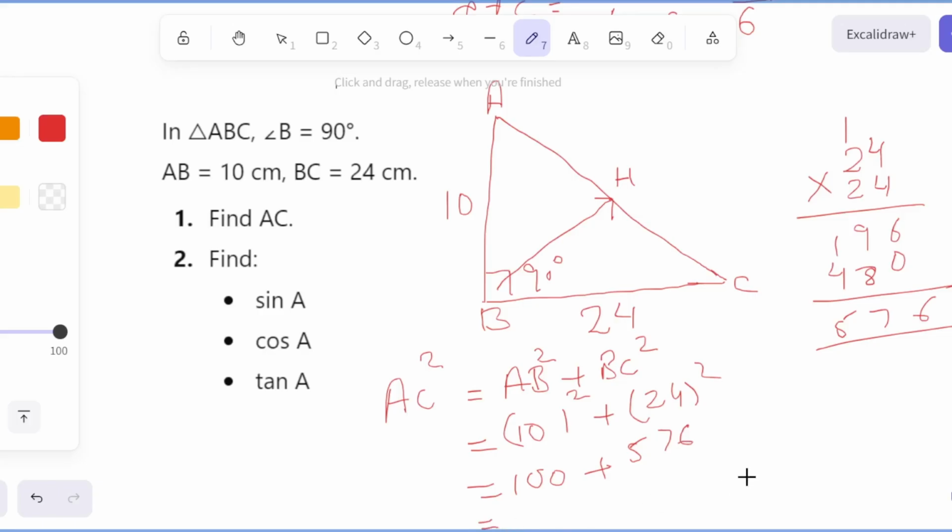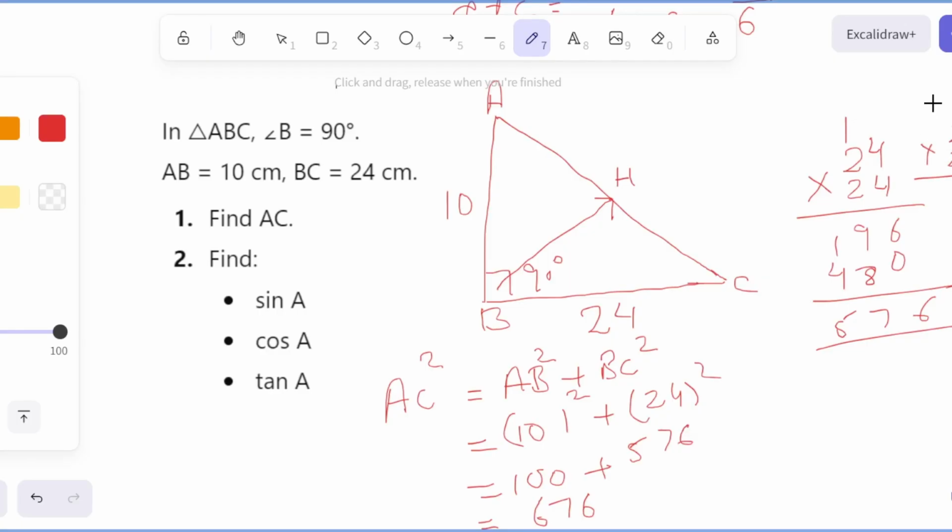Now we can add them up, so this becomes 676. And the square root of this 676 will be maybe 26, but you can always try.